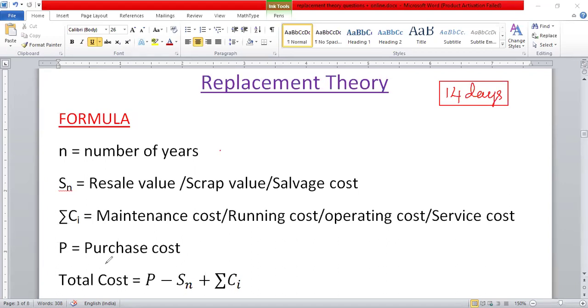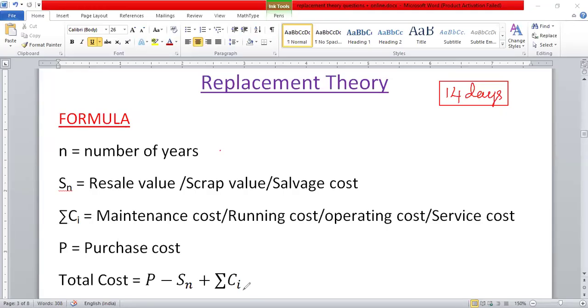And similarly, we have the formula called total cost. This is the most important formula. The total cost is equal to P minus S_n plus summation of C_i.